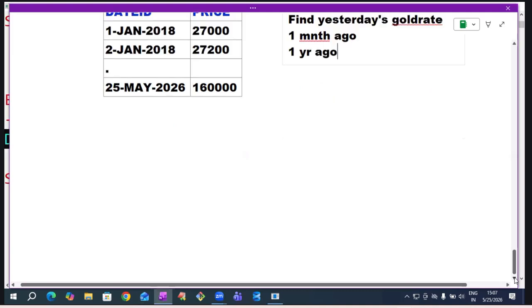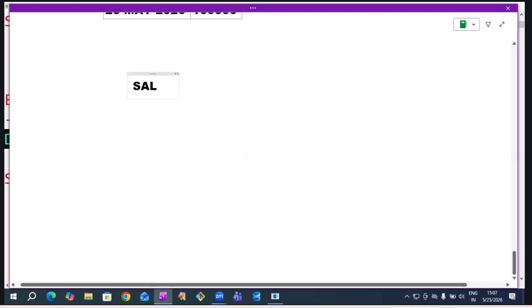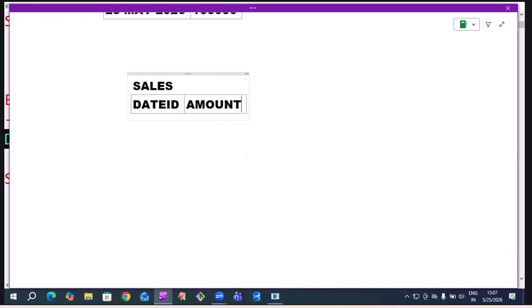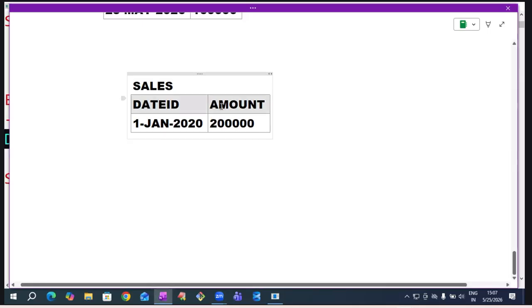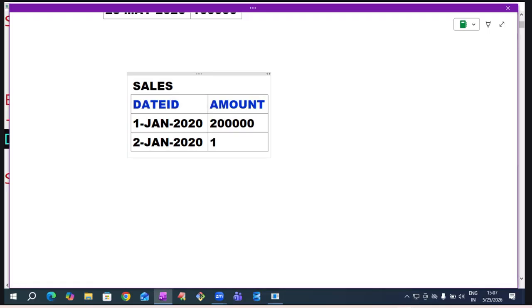Suppose one shopping mall is maintaining their sales details like this: date ID, and on that date, how much amount was collected. On 1st January 2020, 2 lakhs was collected, the day's collection. On 2nd January 2020, 1 lakh 50,000 was collected. Like this, they maintain daily collection.